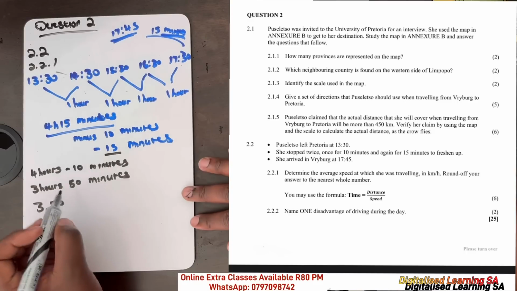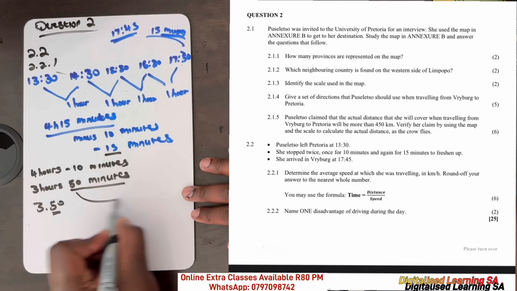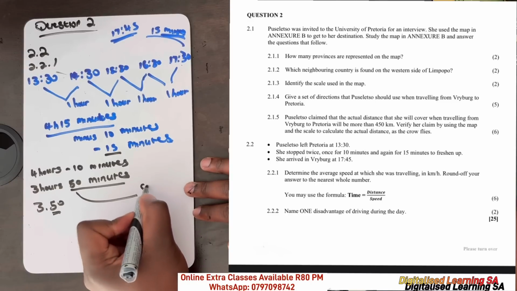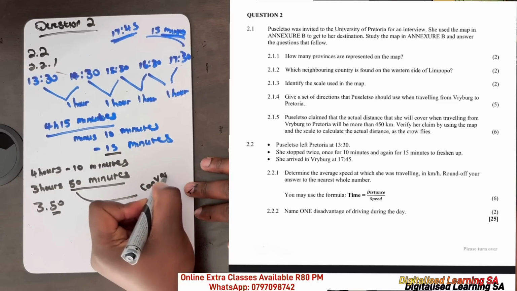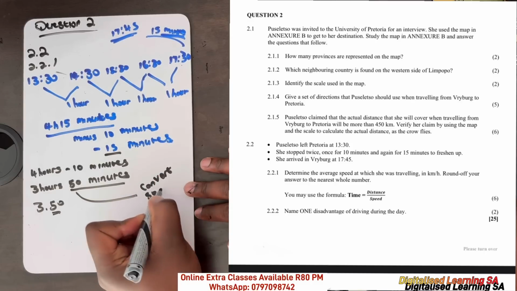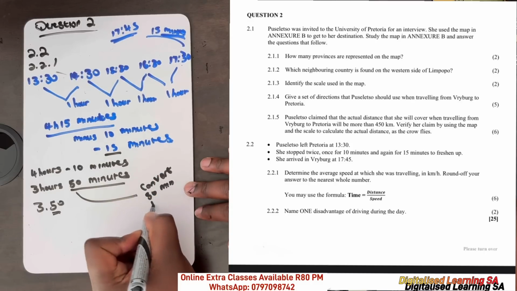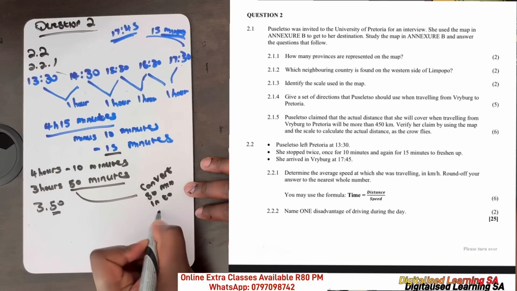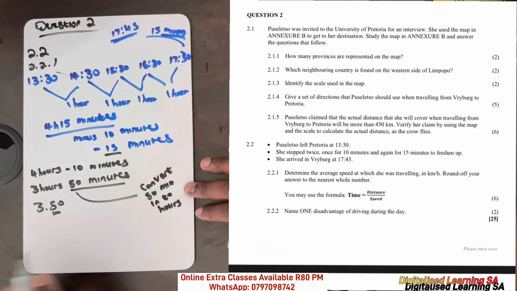So now we need to convert the 50 minutes into hours. And how do we do that?